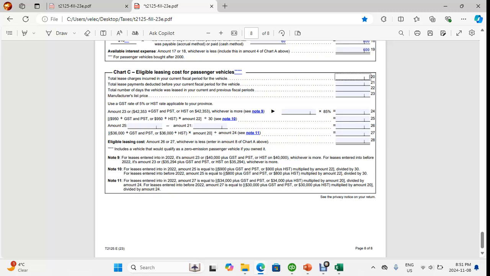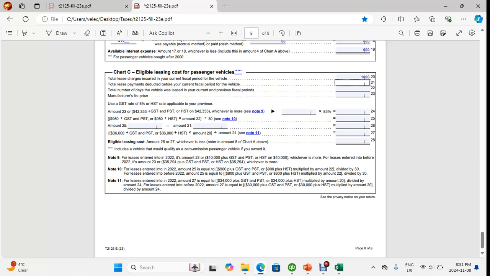Let's say in this case your box 20 is $1,000. So total lease charges incurred for the vehicle, this will be $1,000 for box 20.